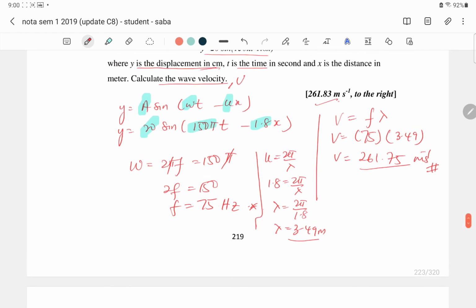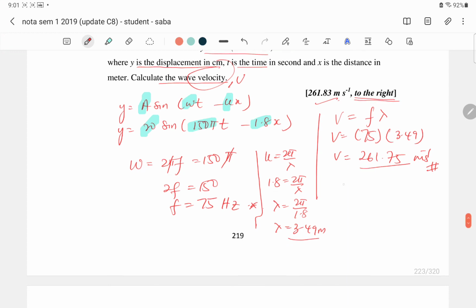Okay, wave velocity. Dia tanya wave velocity. Velocity is a vector quantity, so you have to put the direction. The wave propagation is from left to right, or you can say to the right.